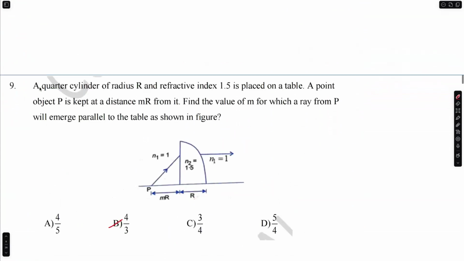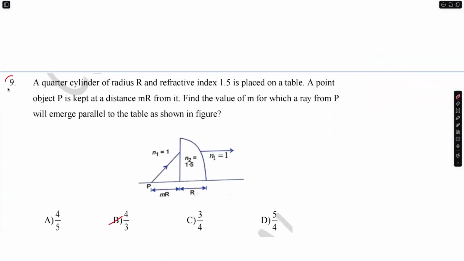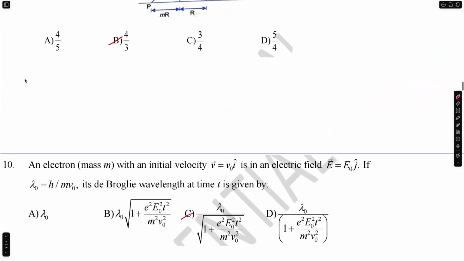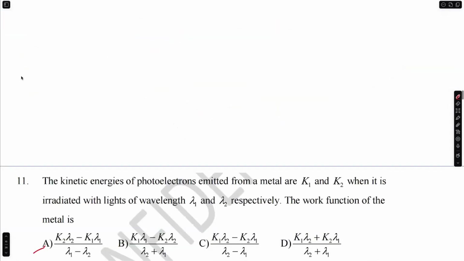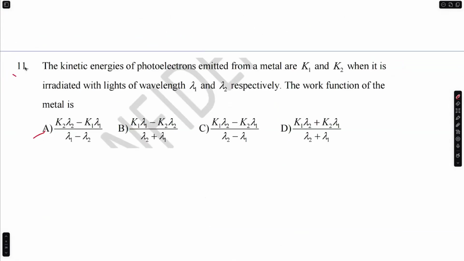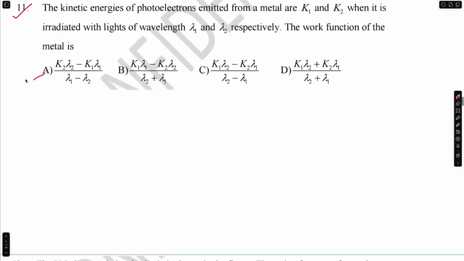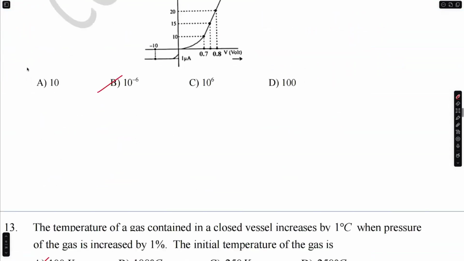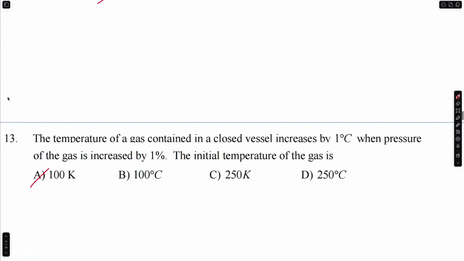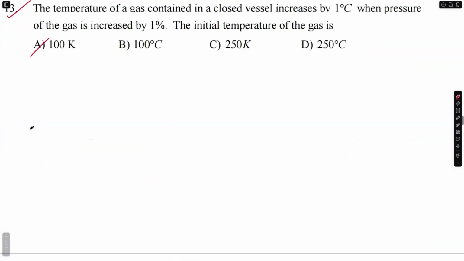I can do it, I'll do it later. This one also, I will do it later. Yes, I can do this because it is from the photoelectric effect. This one I can do. Easy question, I can do.